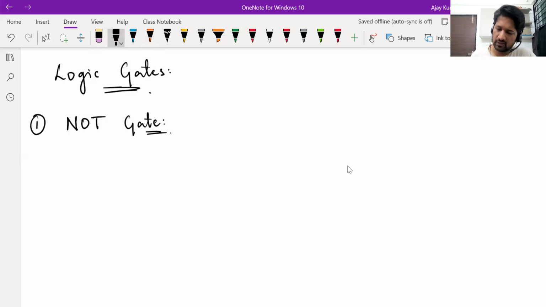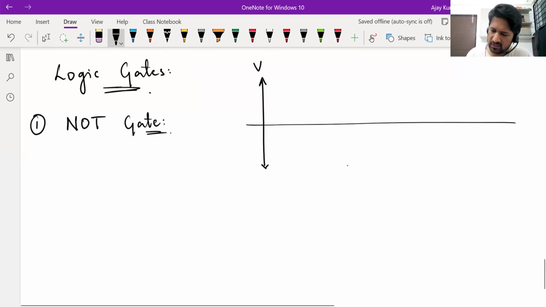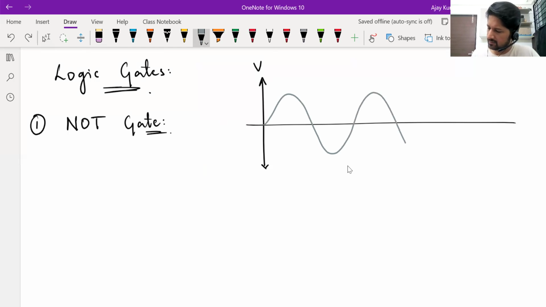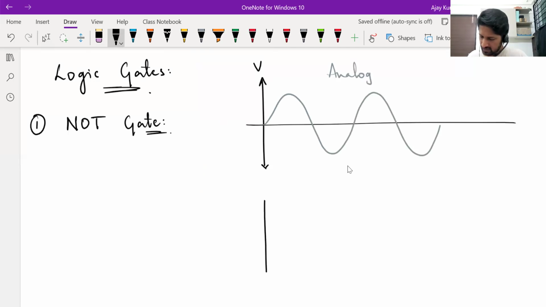So an analog signal means a normal AC signal looks like this. You will see an alternating voltage, increasing and decreasing continuously, like E is equal to E naught sine omega t. So this is what an analog signal looks like. But a digital signal will have only zeros and ones.